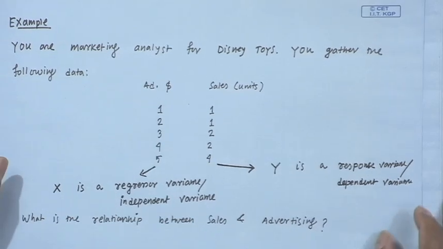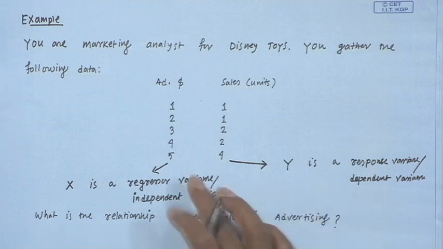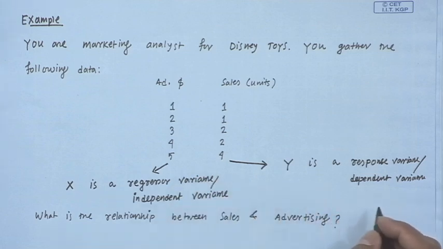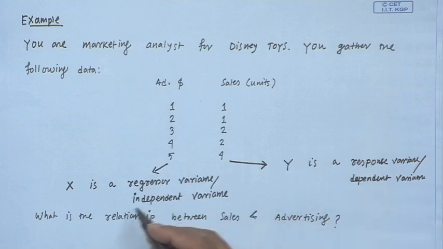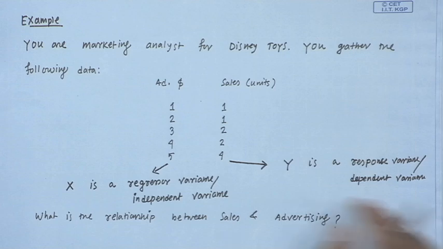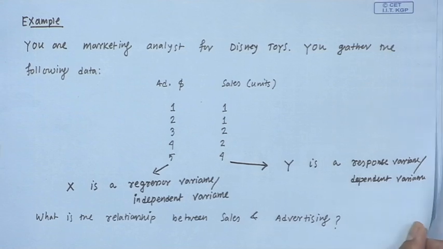As I told, regression analysis is a statistical tool for investigating the relationship between one dependent variable and one or more independent variables. The whole objective of this course is to find the relationship between the variables, one response variable and several independent variables.